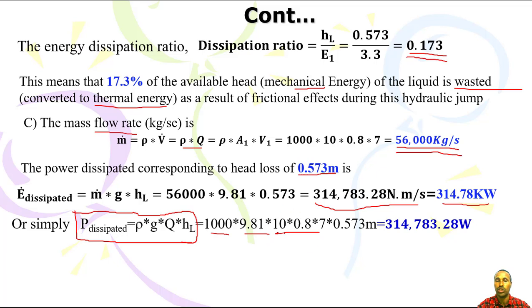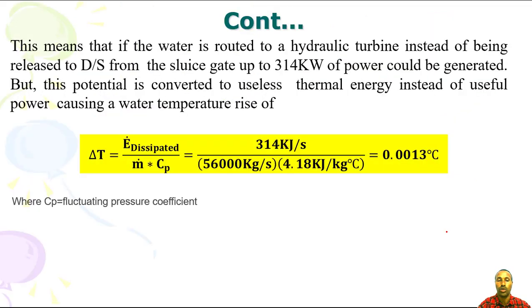The flow rate is area 1 times V1, then the discharge, then the head loss. Then you can find the same result, which is 314,783.28 watts. Then you can convert into kilowatts.